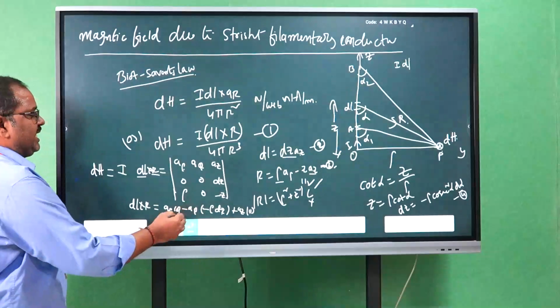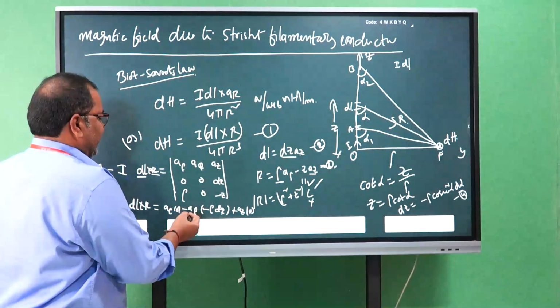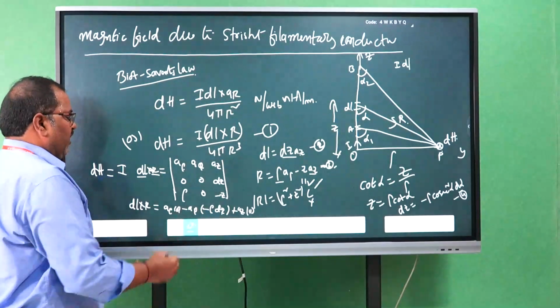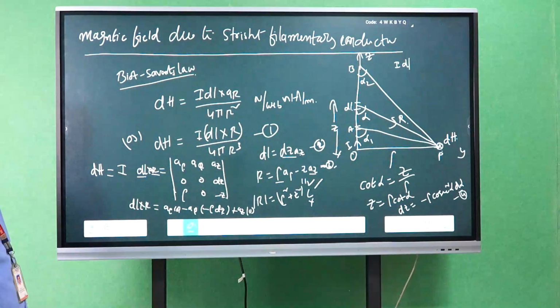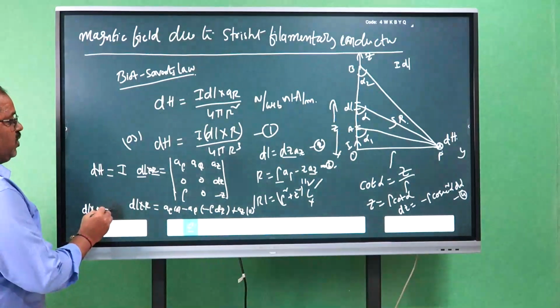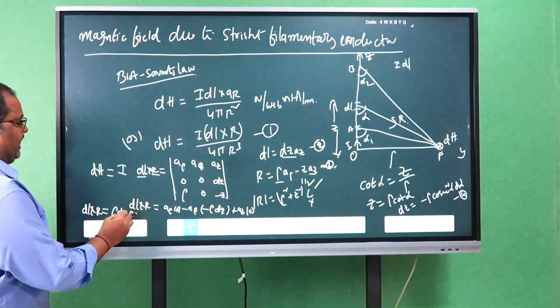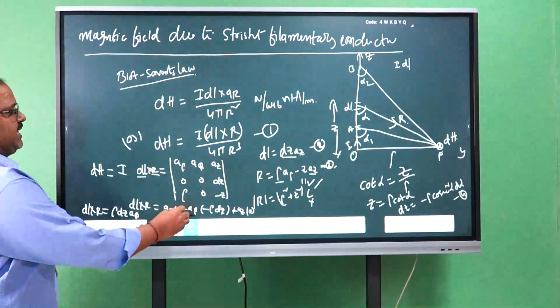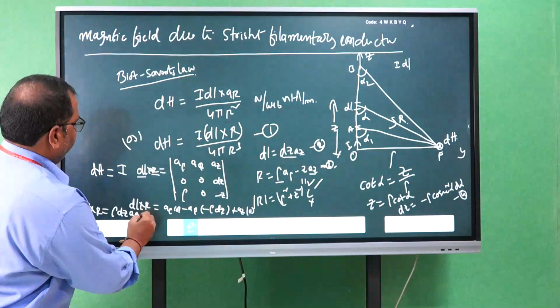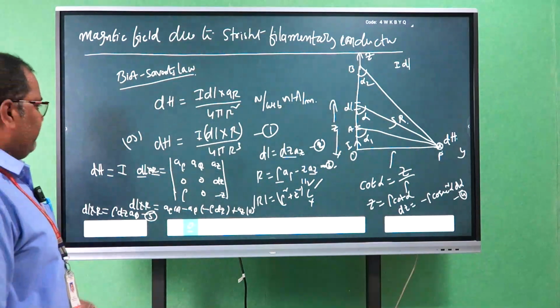Only the dz components appear. Therefore, dl cross R is equal to rho dz a phi. This is equation number 5. You have to substitute equation number 1 and equation number 5.